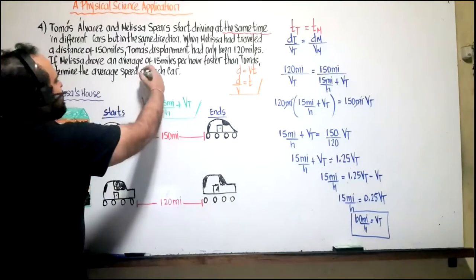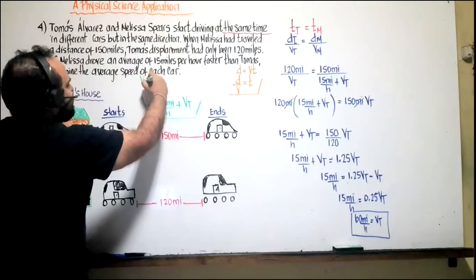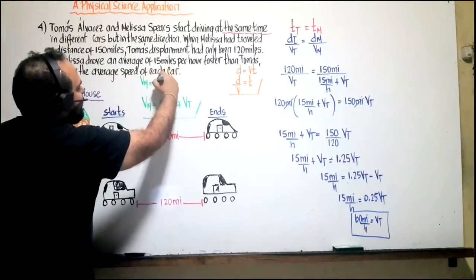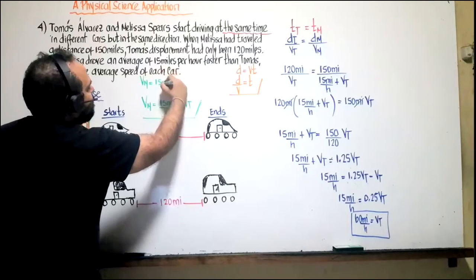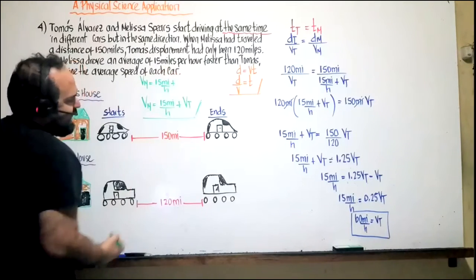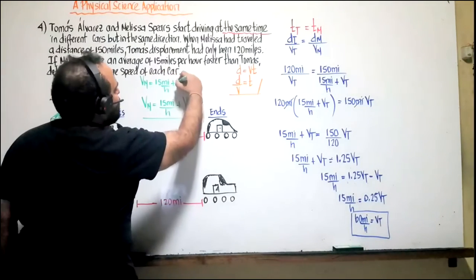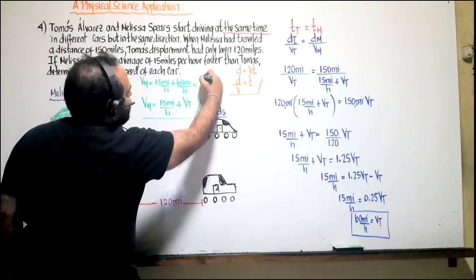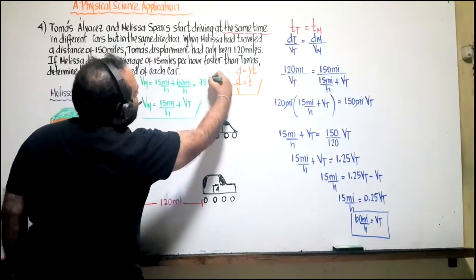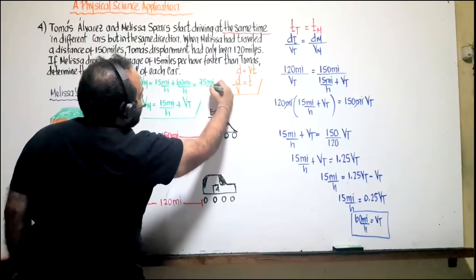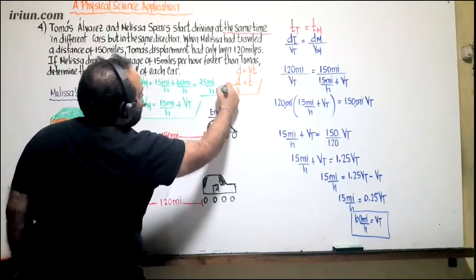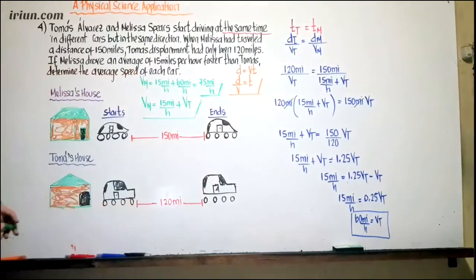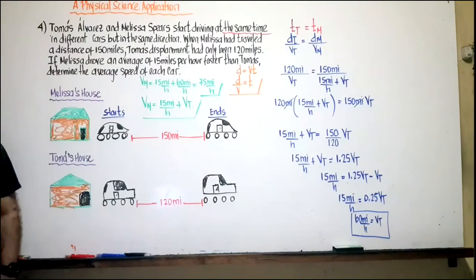The Melissa velocity will be given by 15 miles per hour, adding the 60 miles per hour of Thomas. So we can conclude Melissa drove 55 miles per hour. And this is going to be the solution set of the problem.